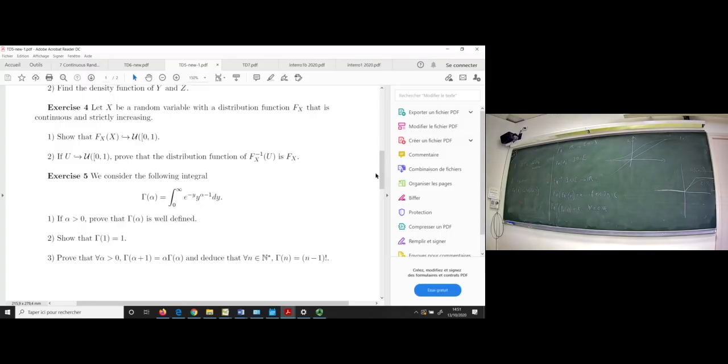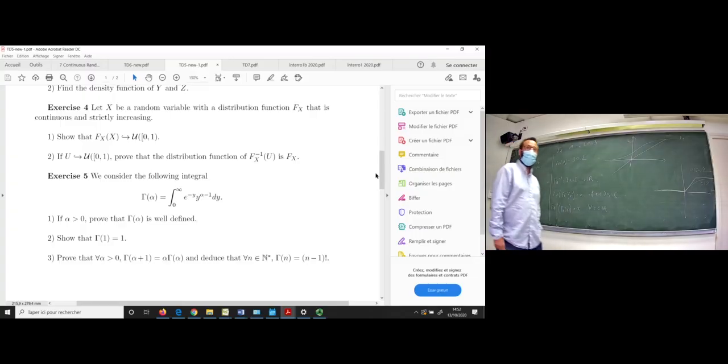So, what can I do to do this? In this part of the course, to check if a random variable has a particular distribution or not, I have two points of view in the continuous case.